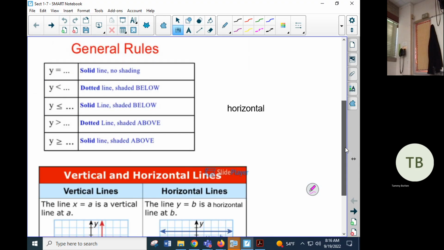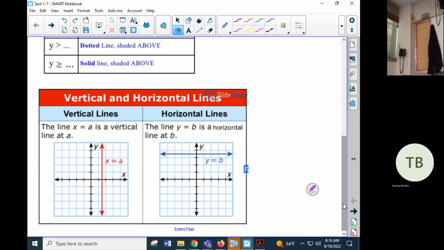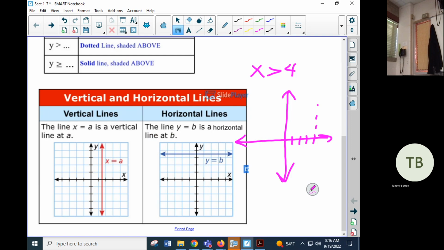All right. So if we look down here, just a reminder too, if you ever get a line like x is greater than 4, when it's x equals, you would go to where 4 is on the x axis. And if it's just greater than or less than, you would do a dashed line.